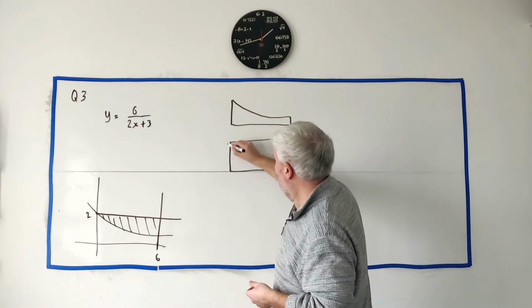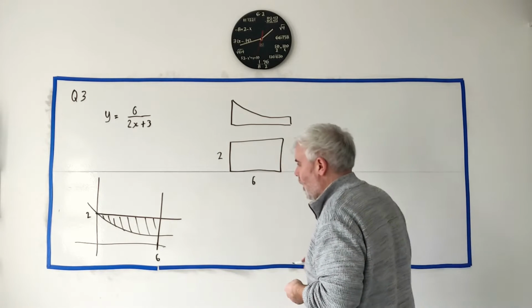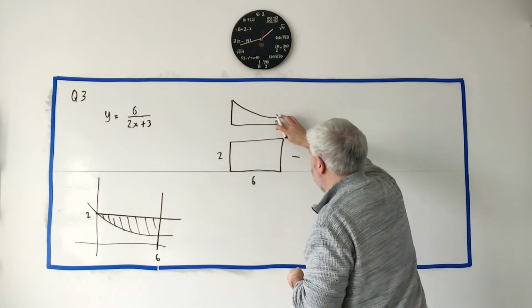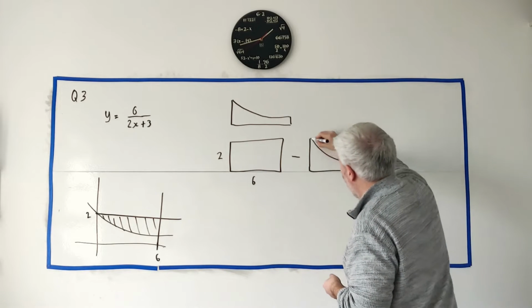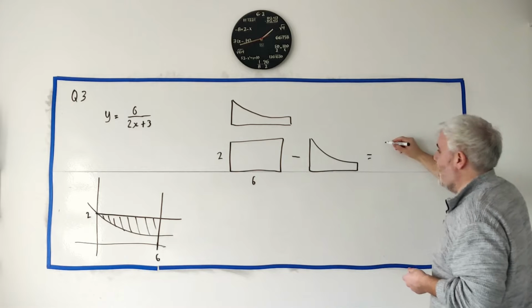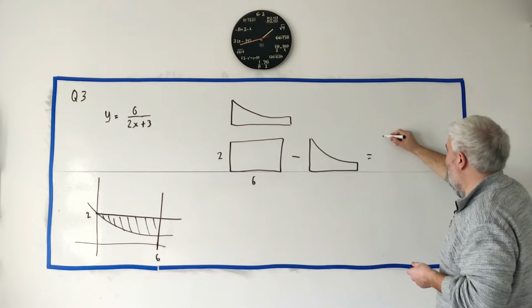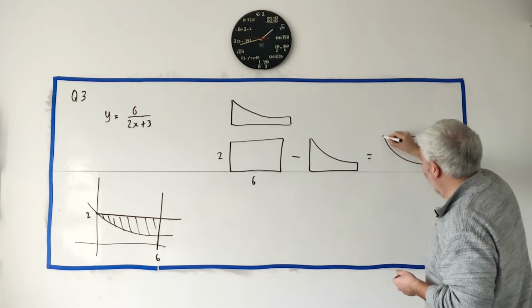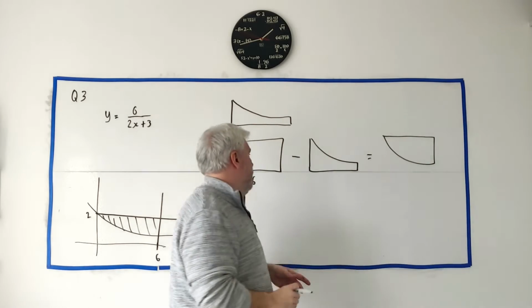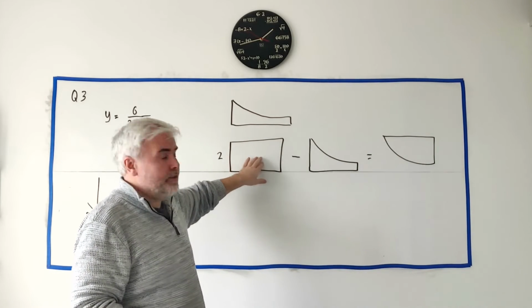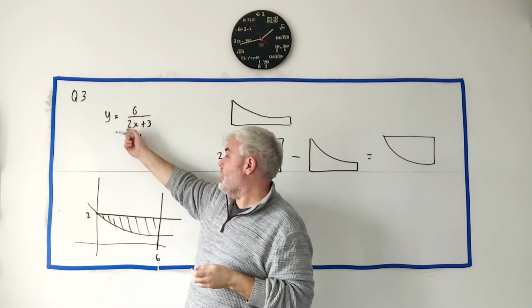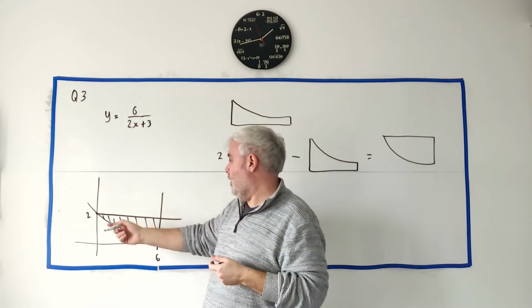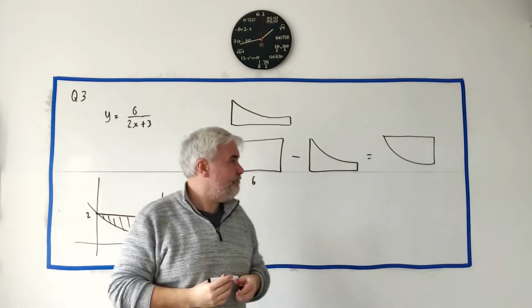This box, 2 high, 6 long, minus this integration we're going to do will equal the question they want. How does that look? Something like that. So to get this area, we're going to get the area of this box and minus the integration, the integral of this between 0 and 6.